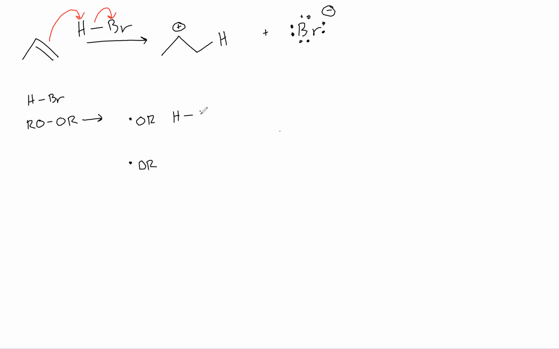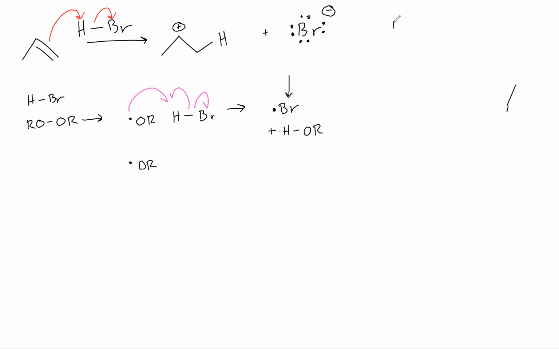Then one of them is going to react with this hydrogen, create a new bond with it, and break that bromine bond, and that creates our bromine radical plus HOR. So then this bromine is what reacts first.